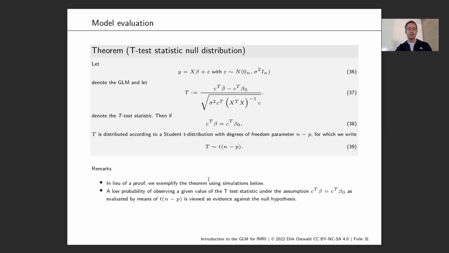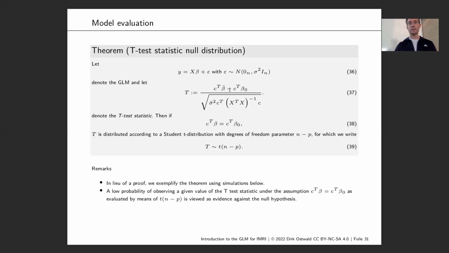And this, of course, is interpreting observed data in the light of a null model. And this null model is basically the t distribution, or better, the fact that here the true but unknown beta parameter and your hypothesized beta parameter and your contrast give the same thing. So what do we have here? We have the GLM, and we have the t statistic almost.